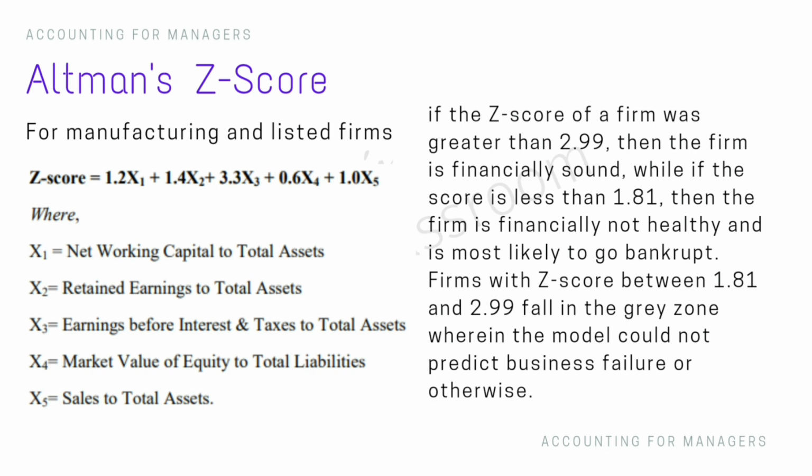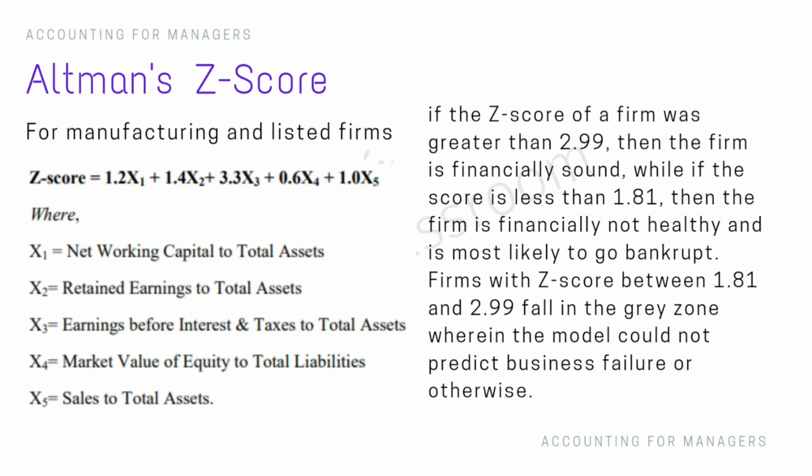These x1, x2, x3, x4 and x5 are the financial ratios which he found as the most affecting for manufacturing and listed firms, where x1 is the net working capital to total assets, x2 is the retained earnings to total assets, x3 is the earnings before interest and tax to total assets, x4 is the market value of equity to total liabilities, and x5 is the sales to total assets.